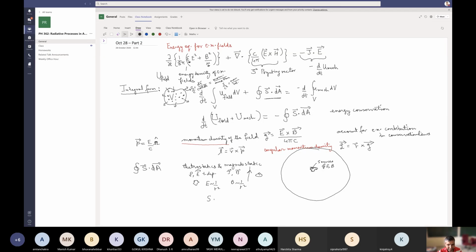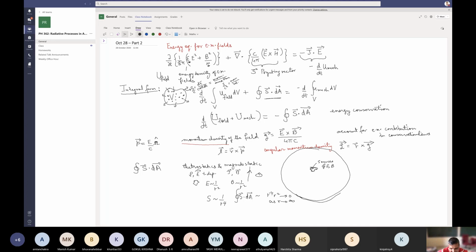Our Poynting flux S, which is like E cross B, goes like 1 by r to the 4th, and area goes like r squared. So the surface integral of S dot dA will go like r to the minus 4 times r squared, and this goes to 0 as r tends to infinity.